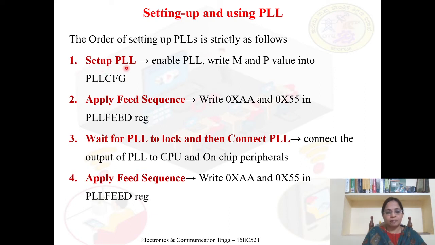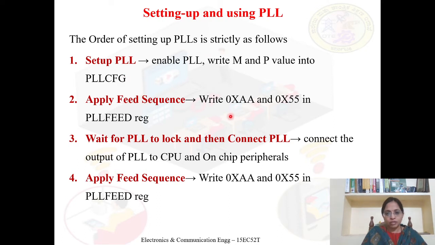That is called setup PLL. After writing the value into the configuration register and the control register, the next step is to apply the feed sequence. What is the meaning of this? In order to avoid misconfiguration of the PLL, every time we write any value into the PLL configuration register, it must be followed by a feed sequence.